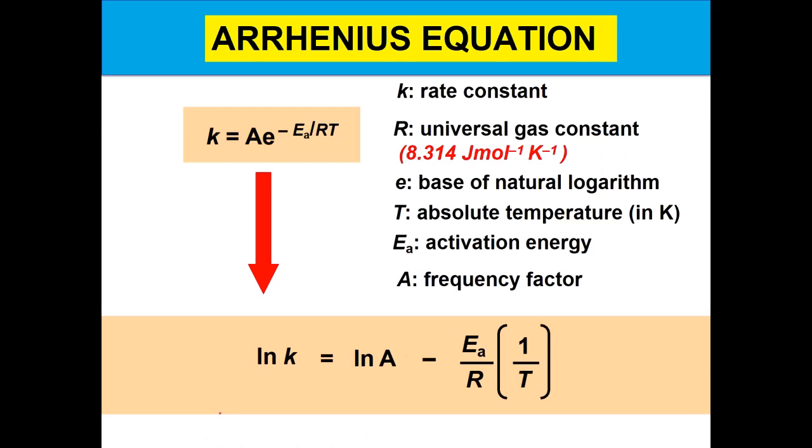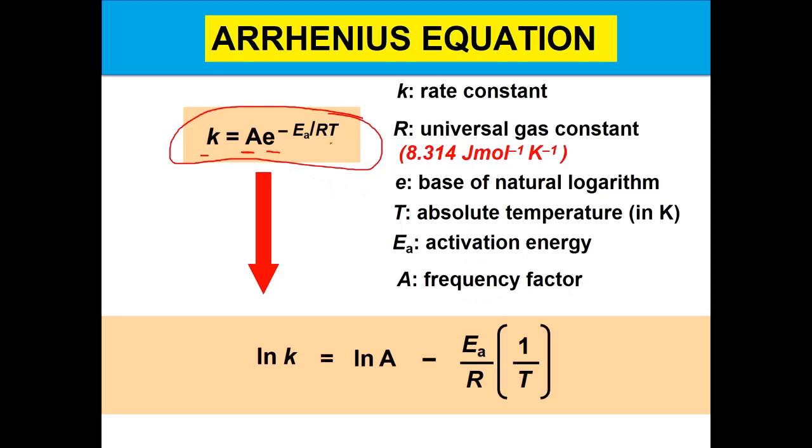Okay, now we look at the Arrhenius equation. Basically the Arrhenius equation is this one. k is equal to A, the frequency factor, times exponent negative EA over RT.